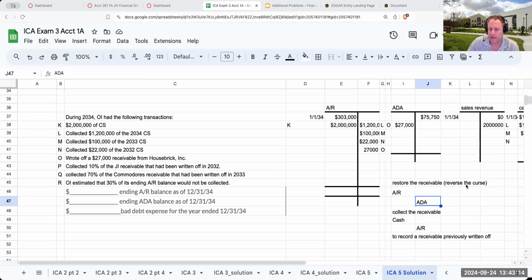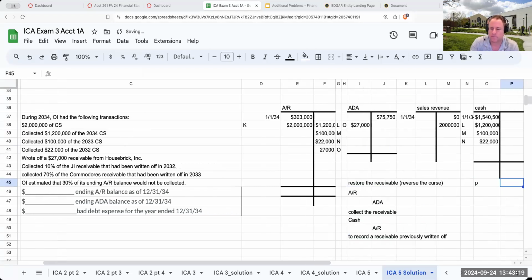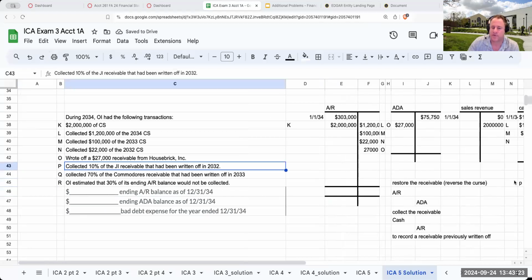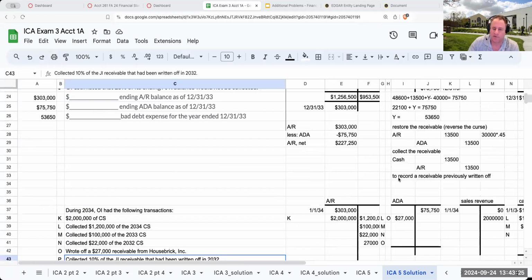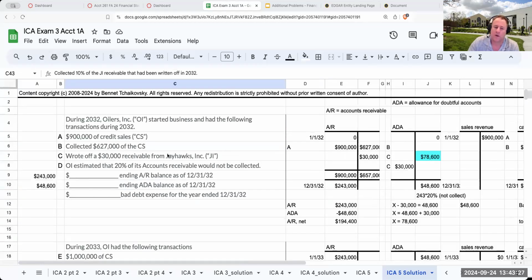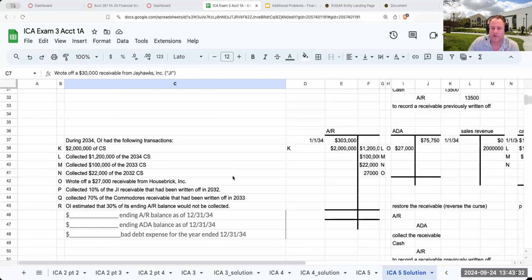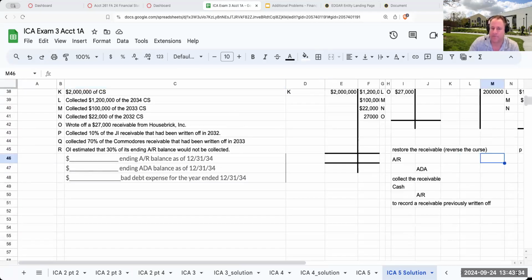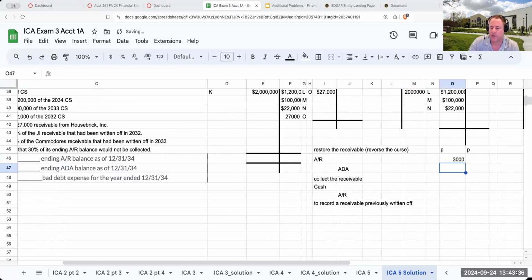So for letter P, this tells me I collected 10% of the receivable that had been written off in 2032. The amount I wrote off was 30 grand, so I'm now collecting 3,000 of that, or 10%.